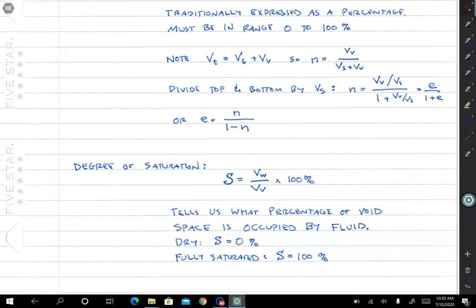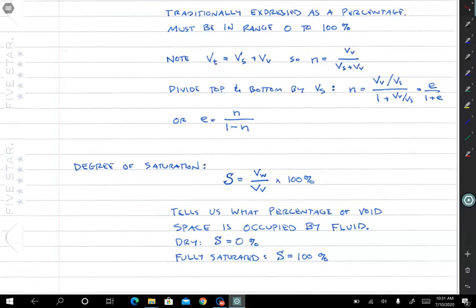If you go to the ocean and you look at the sand that's underwater, all of the void space is probably filled with water. There might be a few air bubbles still trapped in there, but generally when soil is submerged for a long time, it's fully saturated. So anyway, that's the degree of saturation. And it's usually represented as a percentage. So totally dry is 0%, fully saturated is 100%.